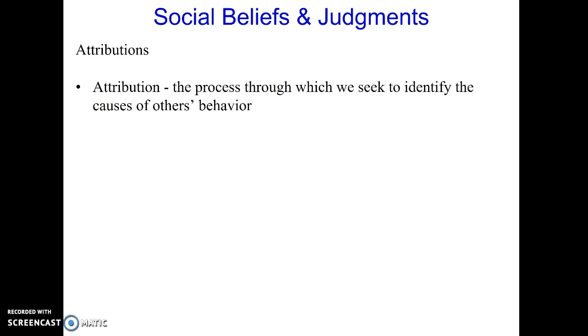And basically what we're doing in an attribution is we want to identify the reason why someone behaved in a certain way. All right, let me give you an example. Let's say if you were to take this class in person, you would take it at 8 a.m. I'm a morning person, so I like teaching at 8 a.m. And at 8 a.m., what we tend to get is people kind of run in late.